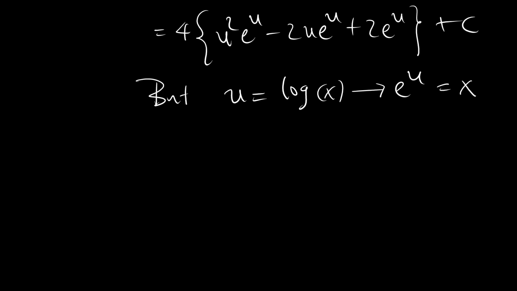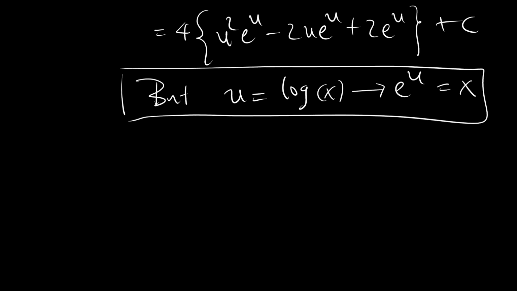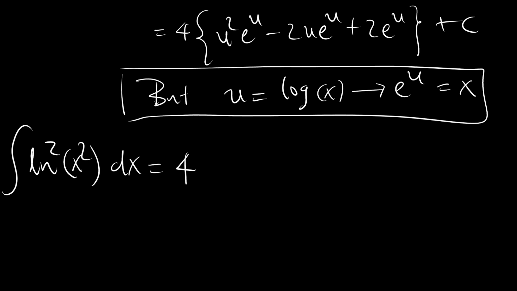So where we see e to the u, that is x, where we see u is log x. Using this, our integral is equal to 4. U is natural logarithm, so we use that.